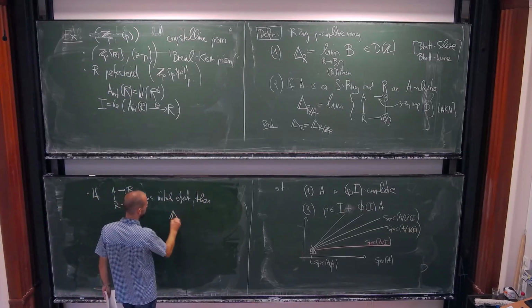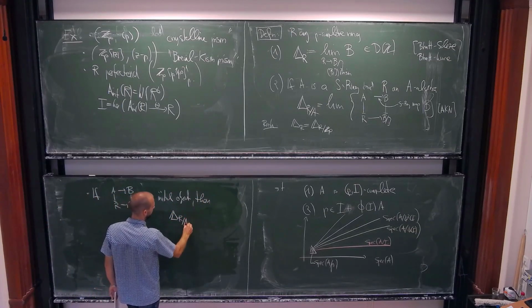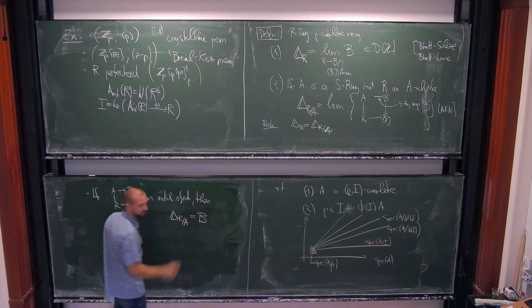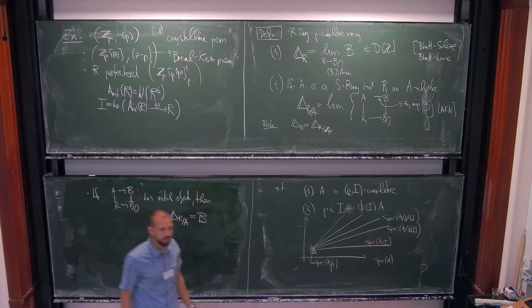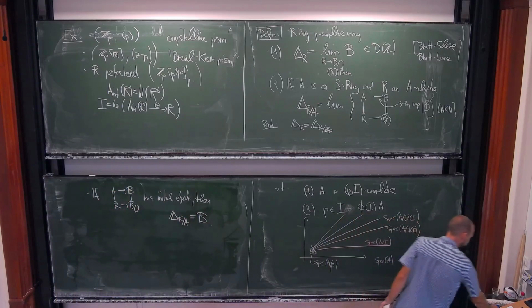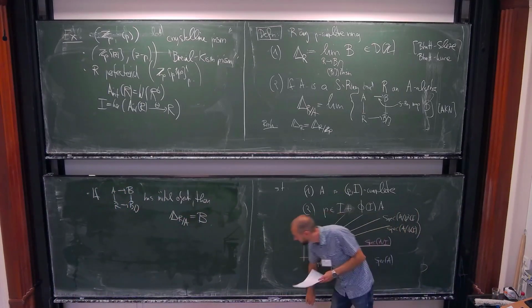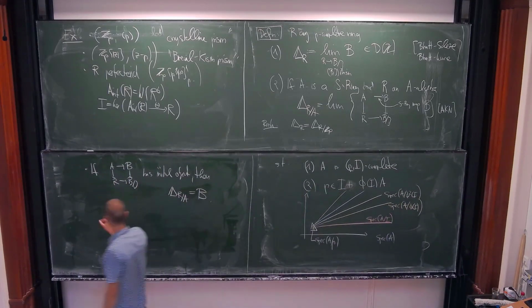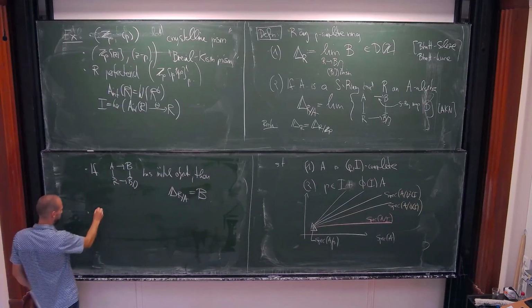Then this prismatic cohomology of R relative A is just this initial object B. It's just a triviality, but this turns out to happen a lot in practice. And this is actually the reason why Bhatt-Scholze were able to compute stuff.